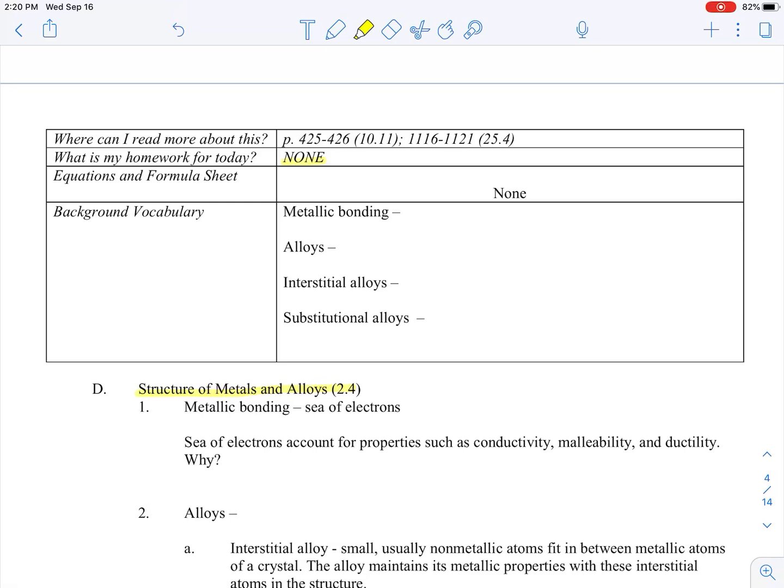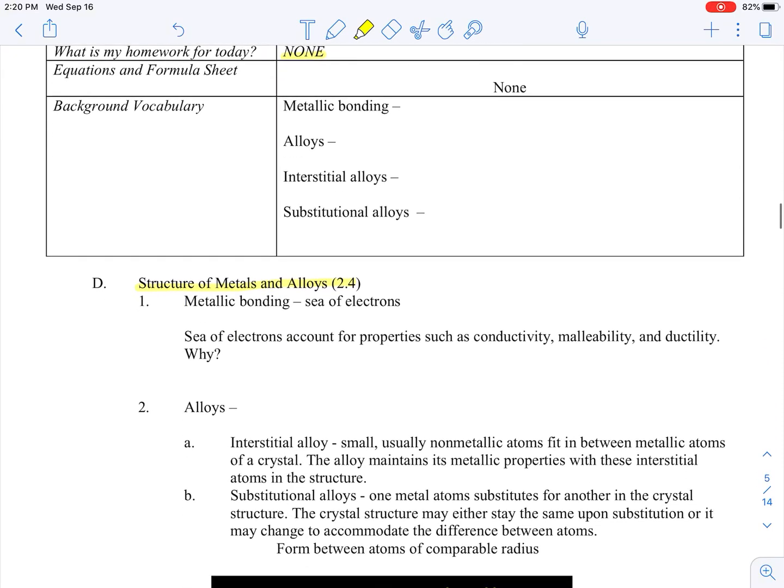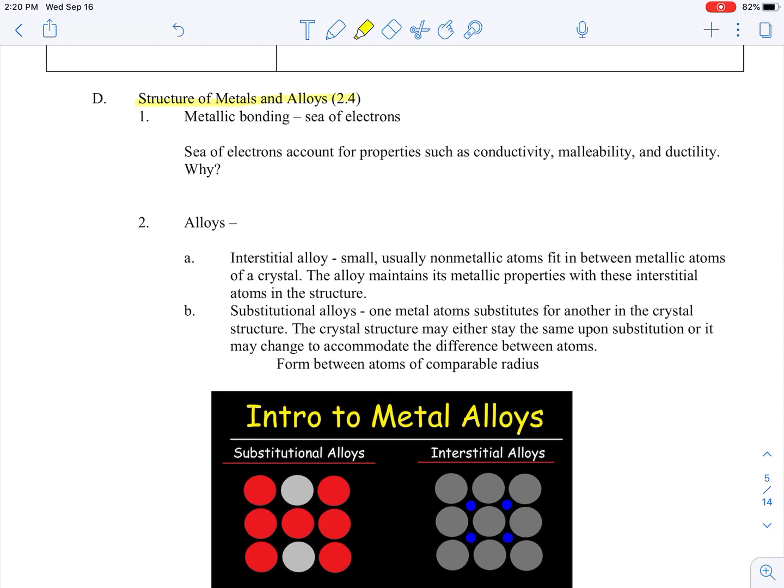So if we jump in, in an earlier video we talked briefly about metallic bonding. And we said that they form a sea of electrons. So with that sea of electrons, basically all the nuclei kind of go to the center, and I like to visualize it as a moat around the nuclei, and those electrons then stay on the outside and are very, very close.